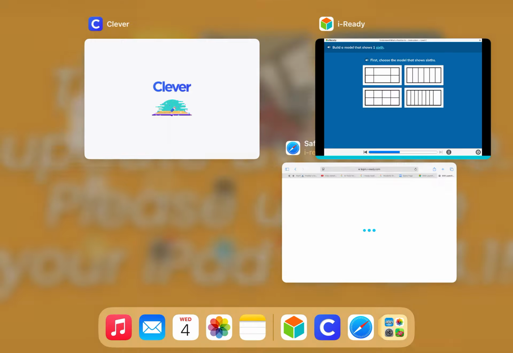Now, shade the model to show 1/6. Good! You built a model that shows 1/6.